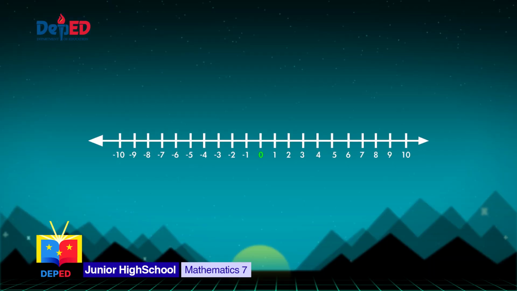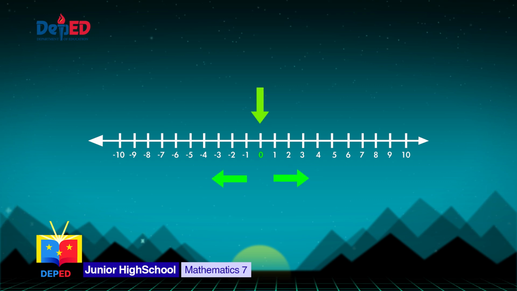Take a look at this number line. This number line contains negative numbers, zero, and positive numbers. These signed numbers are known as the integers. The negative integers are located on the left side of the number line, which means that the value of negative integers are less than 0.